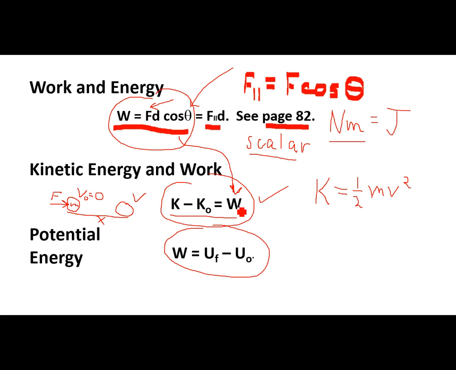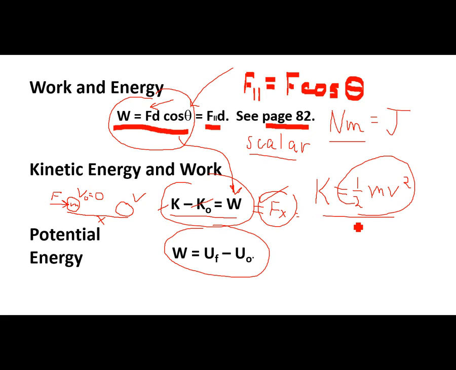So on the left-hand side here we have F times x. We could put that in over here, F times x. On the right-hand side, we know that K0 is 0 and K is exactly this formula right here. And so if we connect up the fact that Fx is who's doing the work, and 1/2 mv squared is who's got the work being done on them.